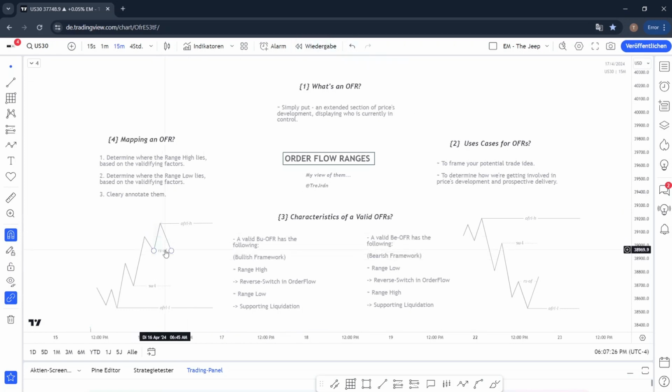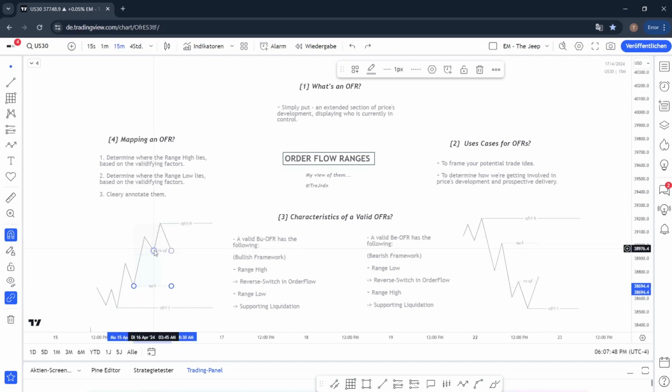Now, how I know there's no support and liquidation: there's no visible low or clear low in the order flow range that I draw on, the initial order flow range, that would make me think, you know what, there's support and liquidation, and this will now function as my low. In this case, that can't happen.